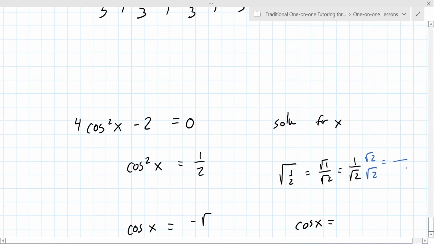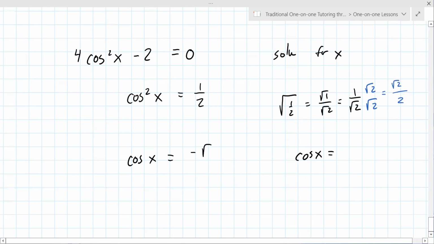Can you tell me what that becomes? Root 2 over 2. Good. So that's what I was looking for: negative root 2 over 2, and positive root 2 over 2.